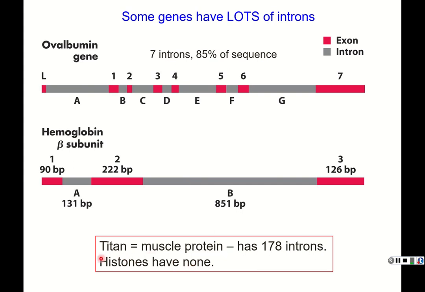But it's not always like this. Histone proteins, which we'll talk about when we're talking about the structure of a chromosome, don't have any introns. And a very large protein like titin, which is a muscle protein, has 178 introns. So the number of introns and how much of the sequence they make up in a gene can vary drastically.